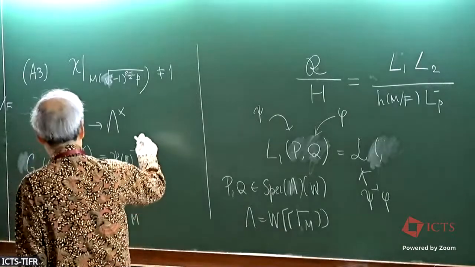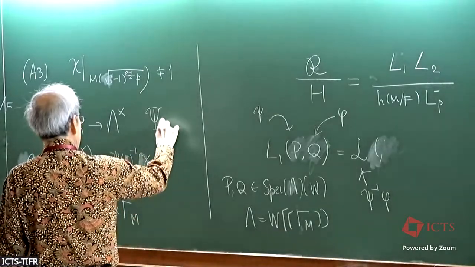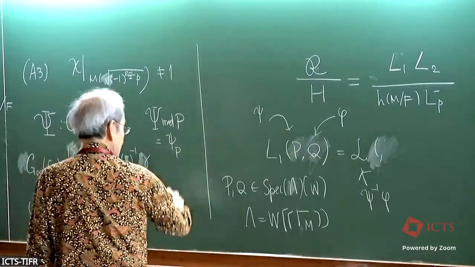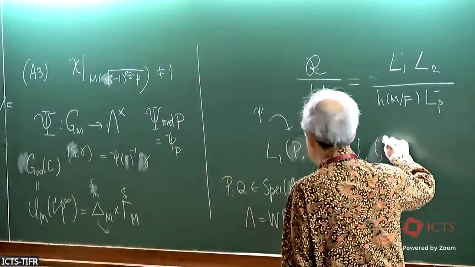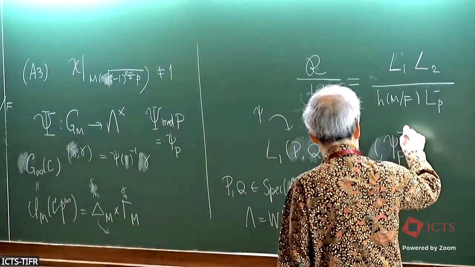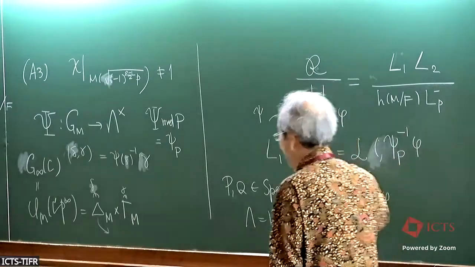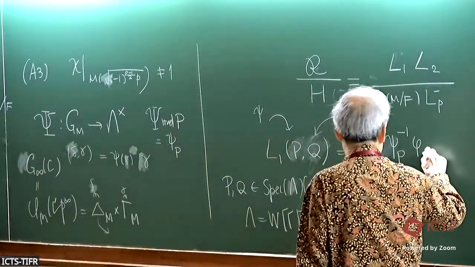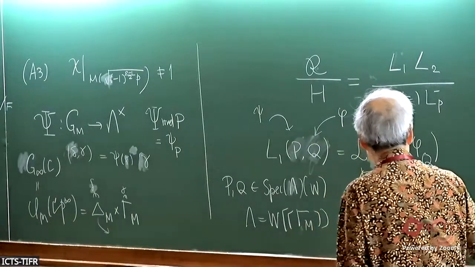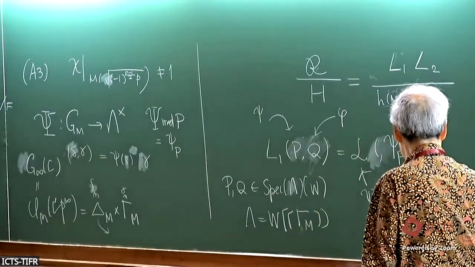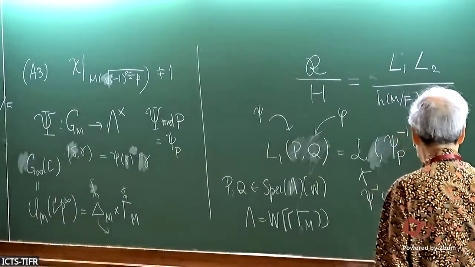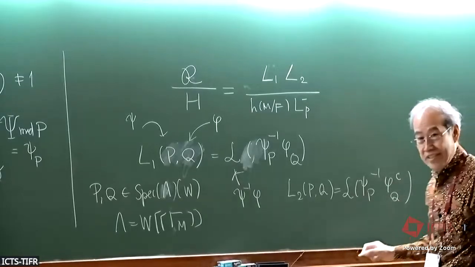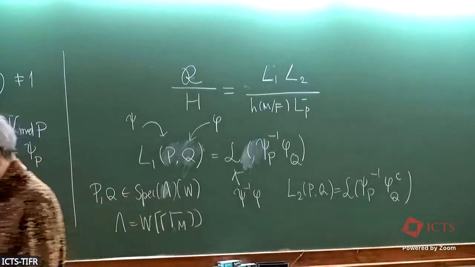Then this universal character, big psi modulo this kind of P, I just write psi capital P. And the same way for phi, so it is psi P inverse. Oh, so therefore I don't need to take inverse here then, because I put the inverse here. Right? And phi Q, something like that. L2 PQ is slightly different. Perhaps Jack didn't explain, but psi P inverse IQ complex conjugate in inner conjugate, something like that.